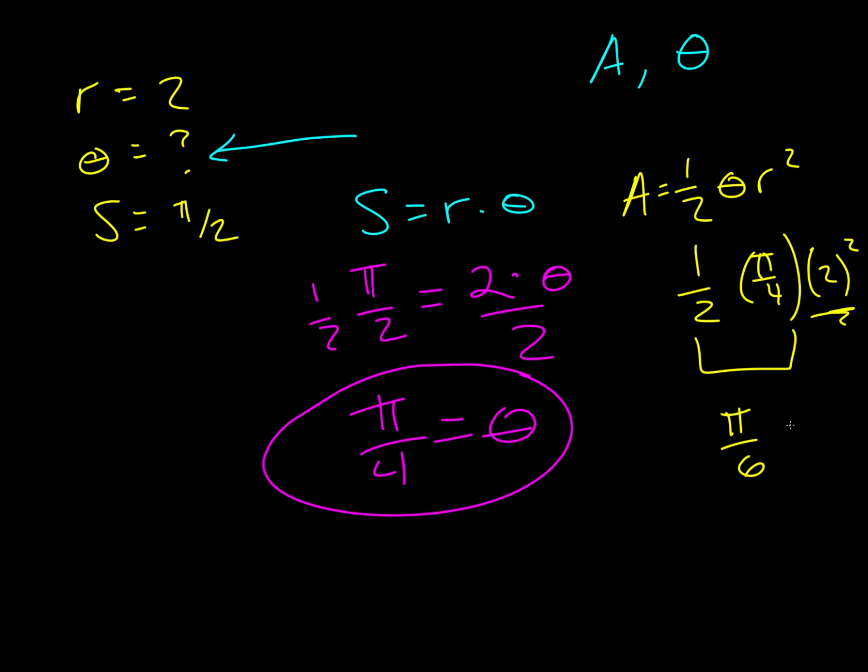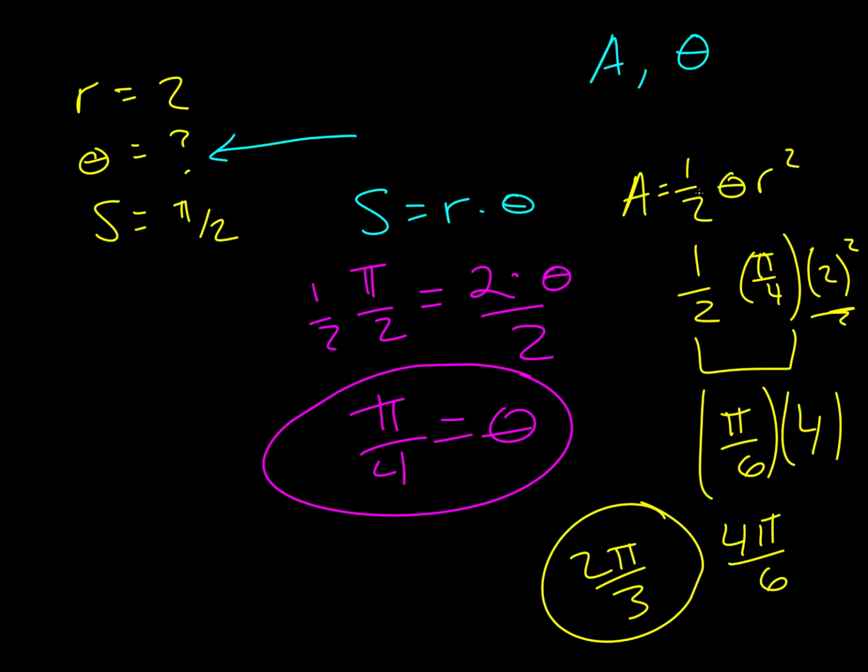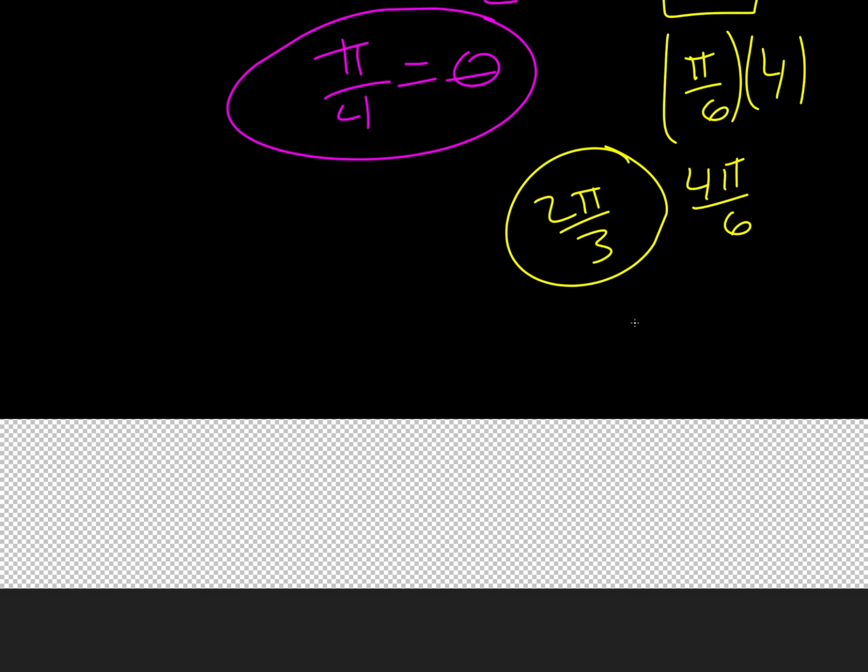Do 2 squared, that gives us a 4. And so that's 4 pi over 6. We reduce that, and it's 2 pi thirds. You can leave your answer like that, or you can change it into a decimal, whatever you like. Okay, let's try one more like that.